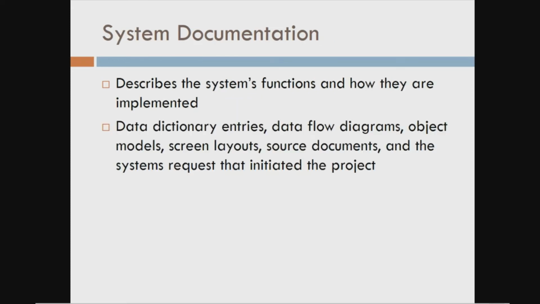And then the system documentation will describe the system functions and how they are implemented: the data dictionary entries, data flow diagram, object model, the screen layout, the source document, and the system request that initiated that project. It means these are the system documentation you should know when people ask you about it.